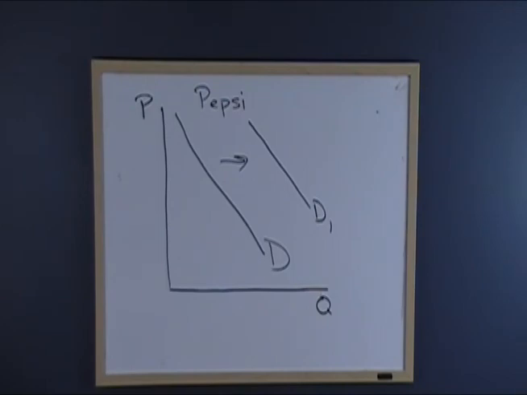The quantity demanded of Coke is going down because the prices have increased. I'm now more interested in entering the Pepsi market. I may not have been there before, but now I am, and therefore our demand curve shifts to the right. At any given price, there's going to be an increase in the quantity demanded for Pepsi.